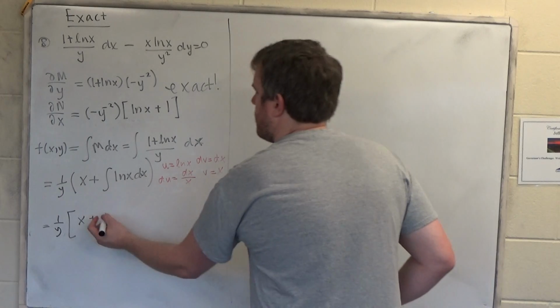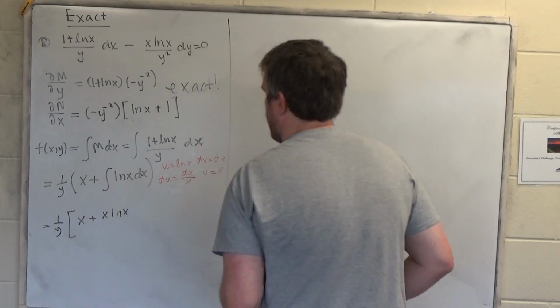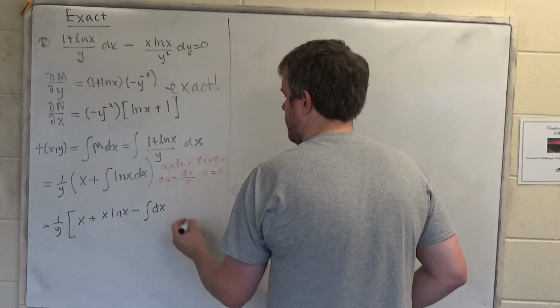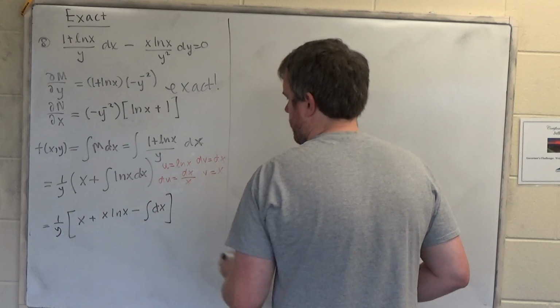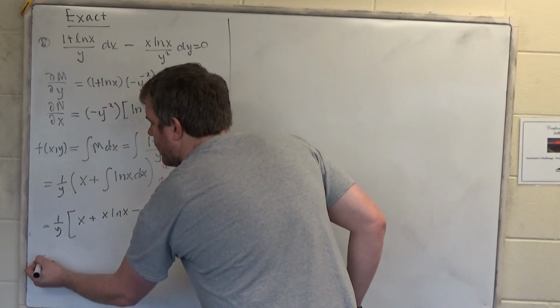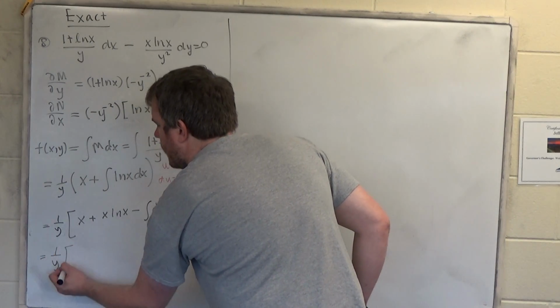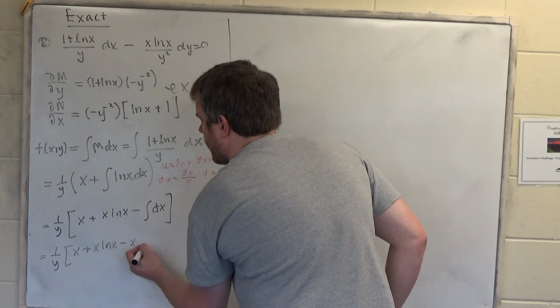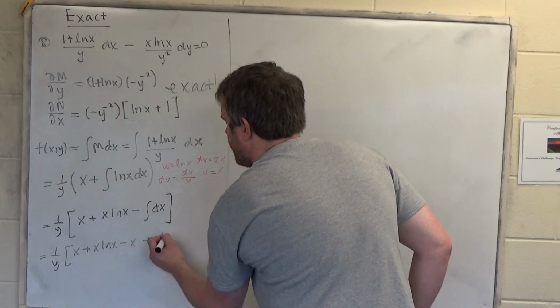When I do the integration by parts formula, I get x log x minus integral dx. So we get 1 over y times x plus x log x minus x plus g of y.